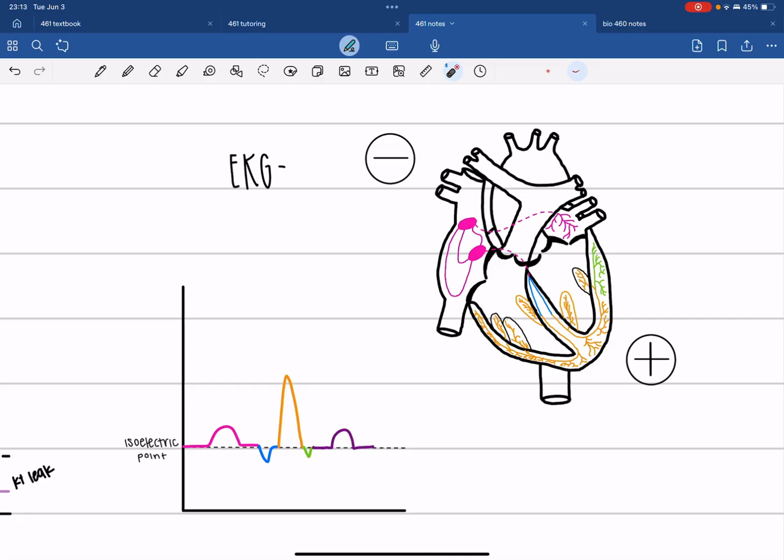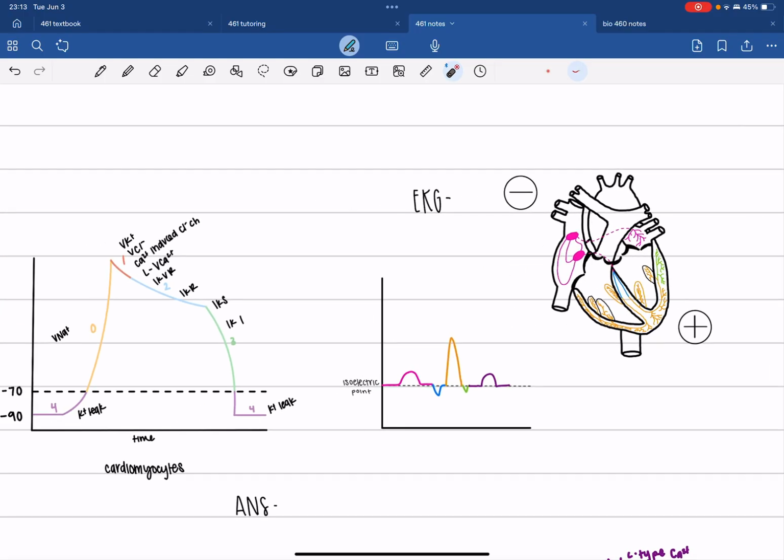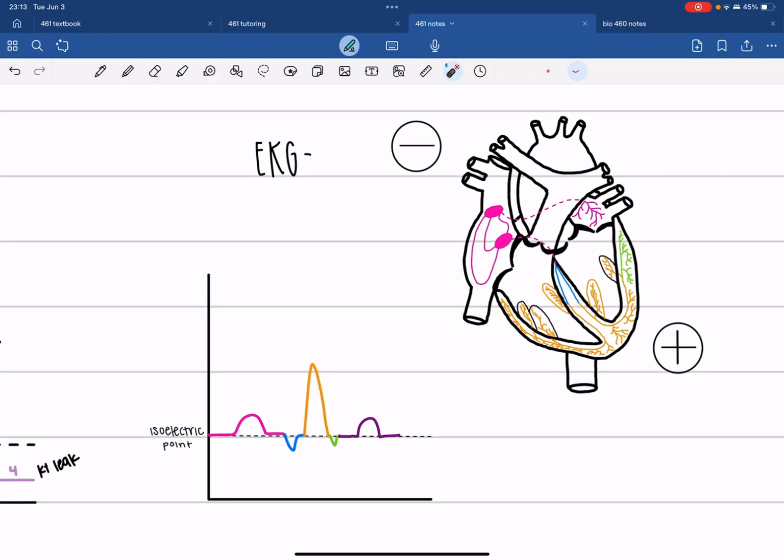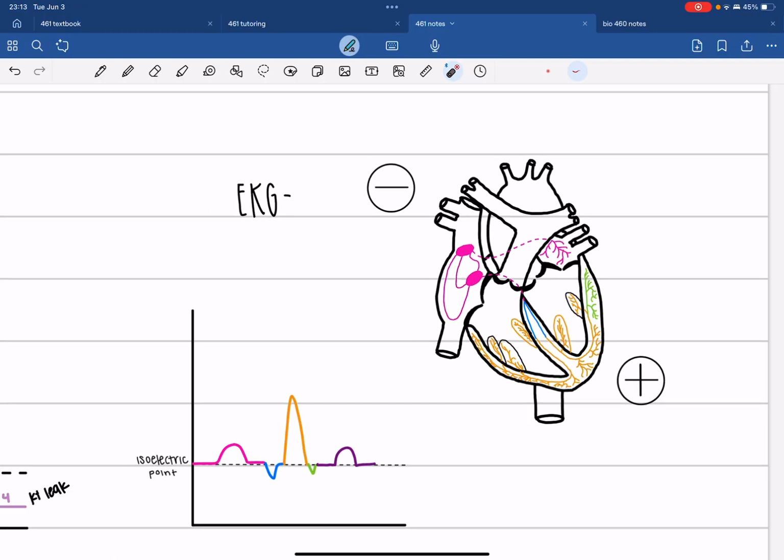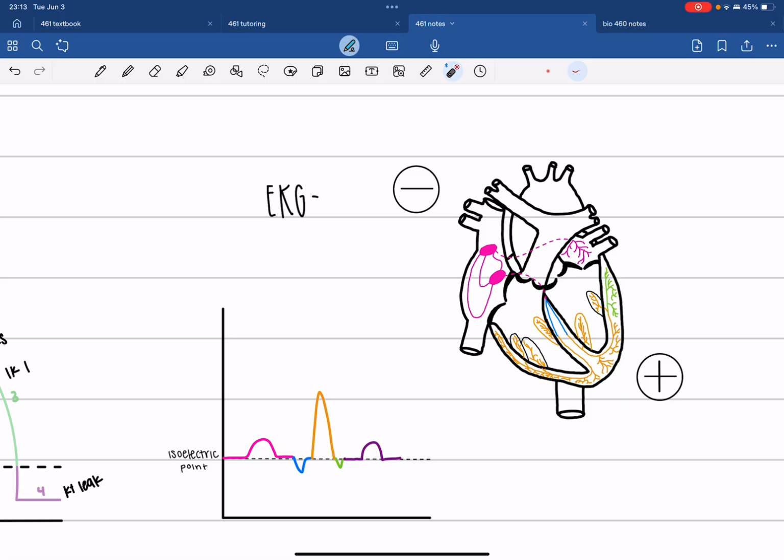Well, several things. This is super important. An EKG, or electrocardiogram, is literally just measuring the action potentials of the heart. We're just putting it in a graph. What we're measuring is we put these little leads on someone's chest in order to measure the actual electrical activity.